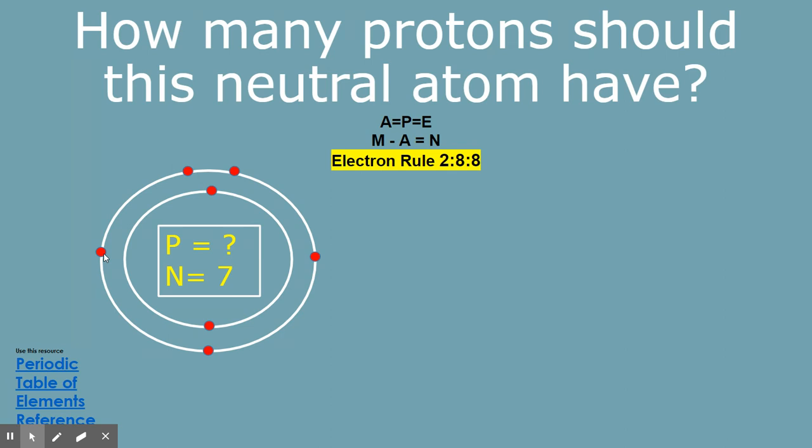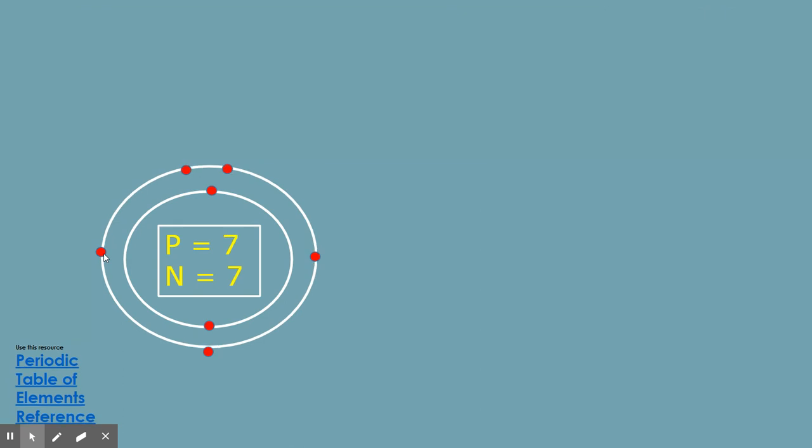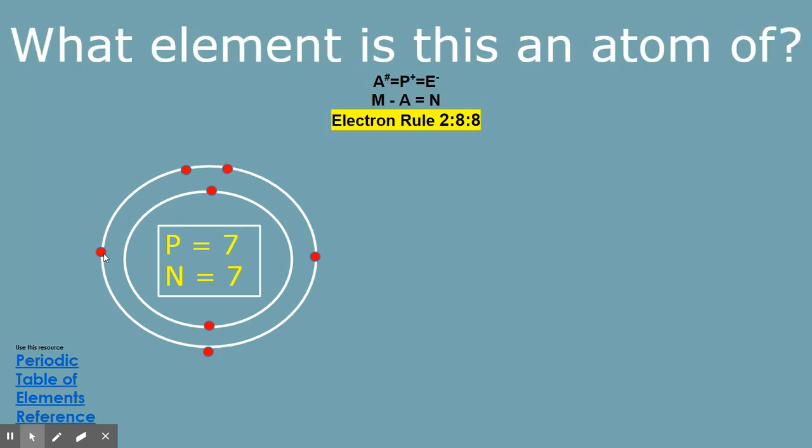So this neutral atom should have 7 protons. So if there are 7 protons in this atom, the atomic number of the atom is 7. And if we look on the periodic table, we will find that the element that has an atomic number of 7 is nitrogen.